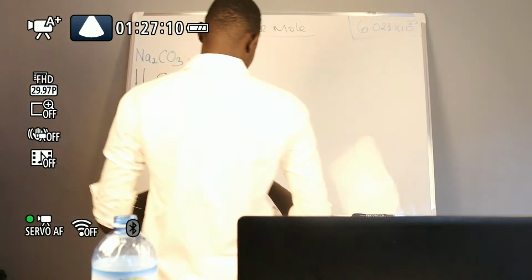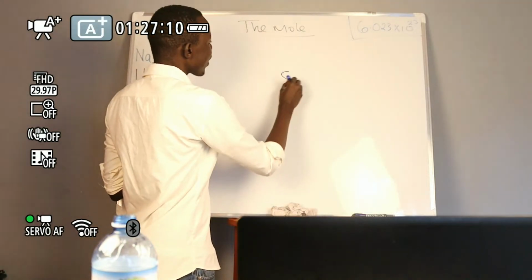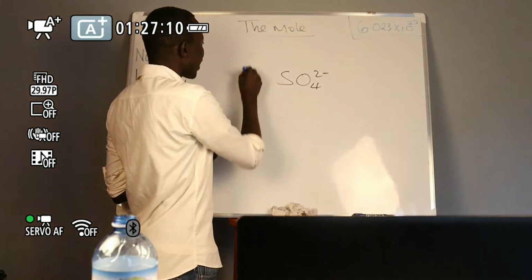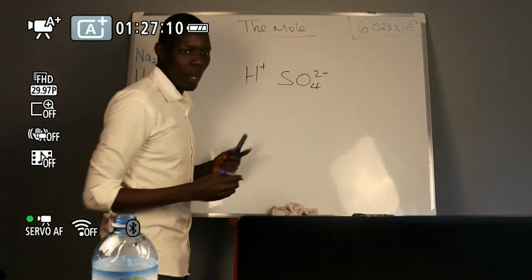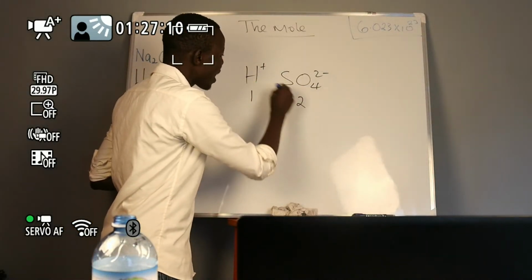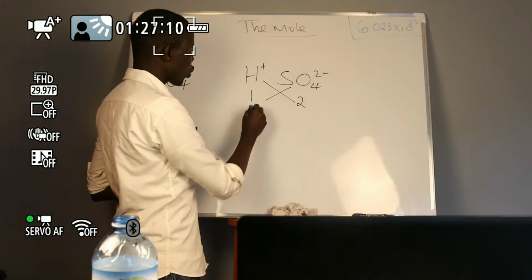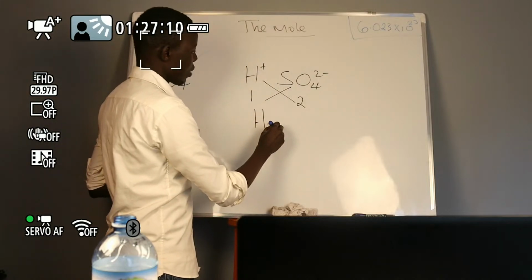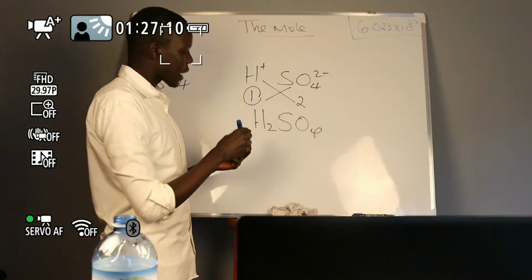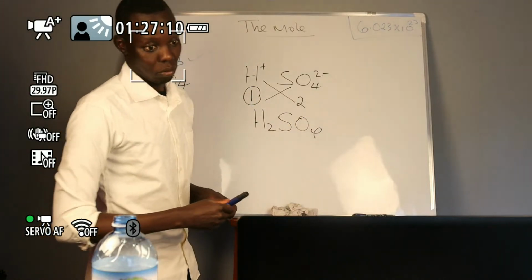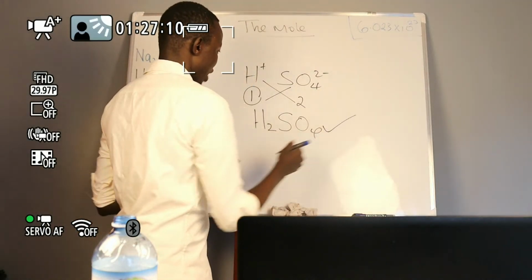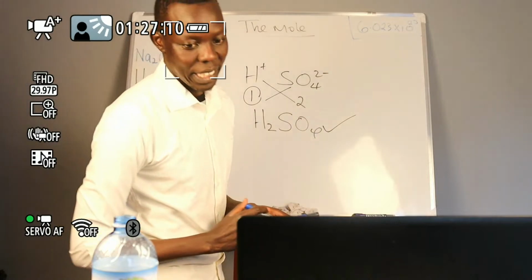Now, if the sulfate ion, the S, hapa iko na 4, hapa na 2 negative. Hydrogen ion, iko na 1 charge, meaning the valency is 1, the valency here is 2. Let them exchange the valencies. It's going to have H2SO4. If it is 1, don't waste time to transfer 1. 1 is 1. And this is how we can get the chemical formula for sulfuric 6 acid.